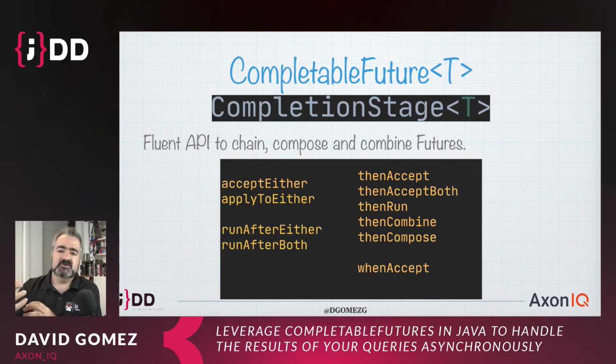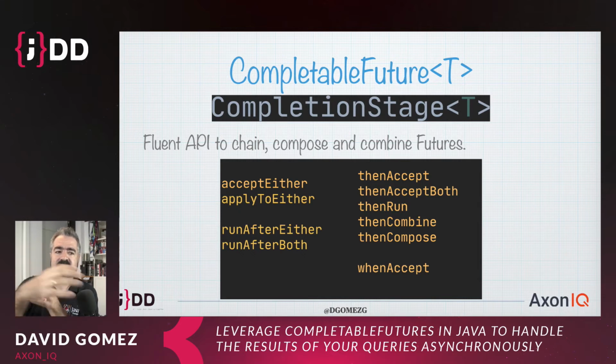In this scenario in which we have different tasks that depend on each other, we could combine, compose, and chain those so that, for example, we could split different tasks and wait until all of them have been finished, or we could set up that whenever one task is finished, we will provide, using, for example, thenAccept or thenCombine, another handler, another task that is going to be called after the first task is finished automatically.